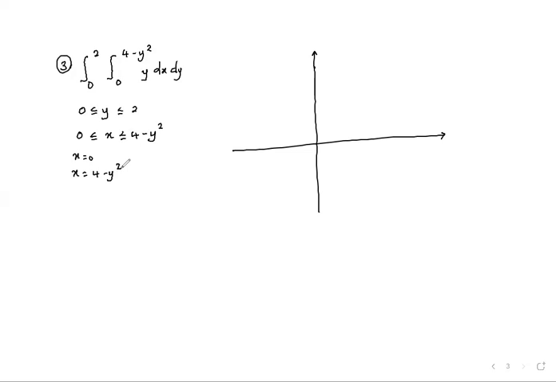So we have 4 minus y squared. When y is 0, we have positive 4.